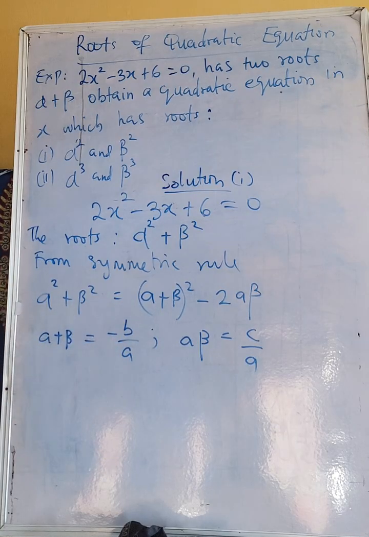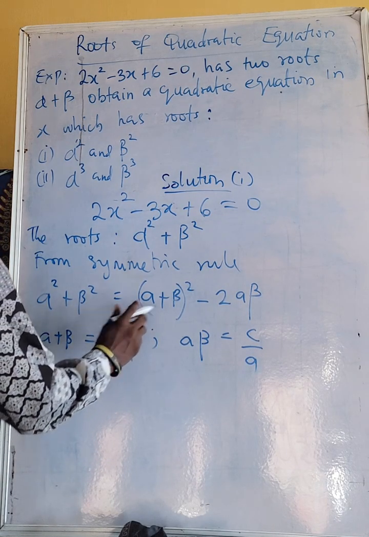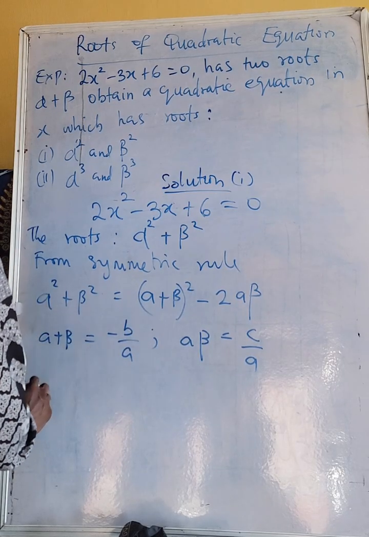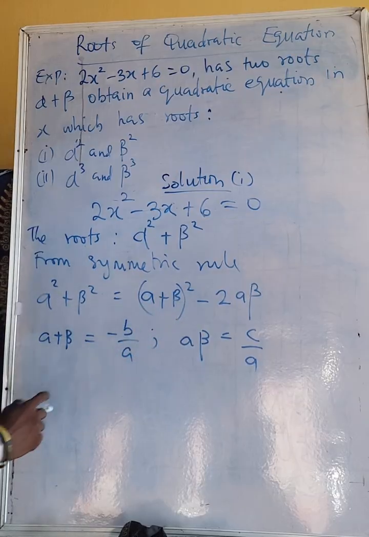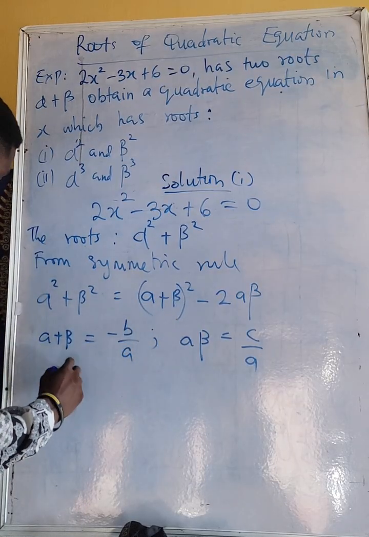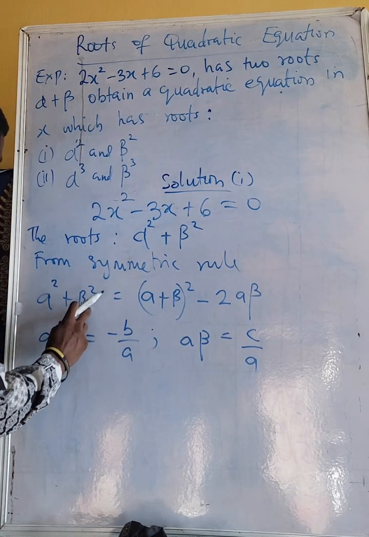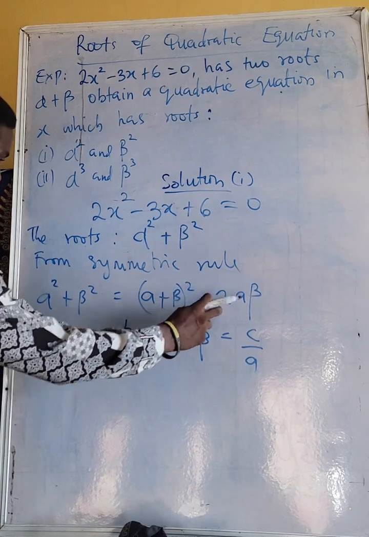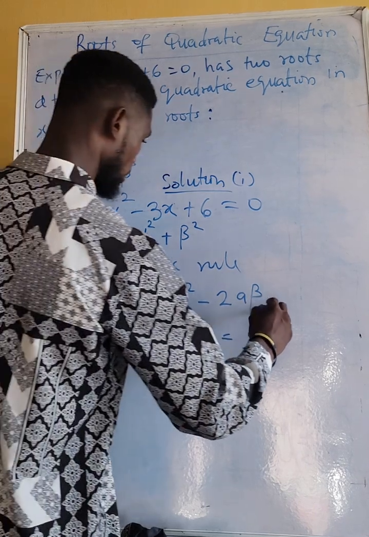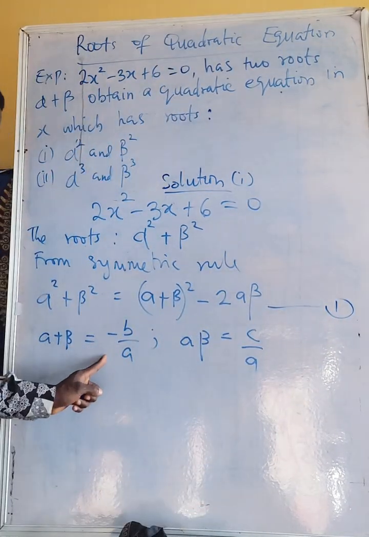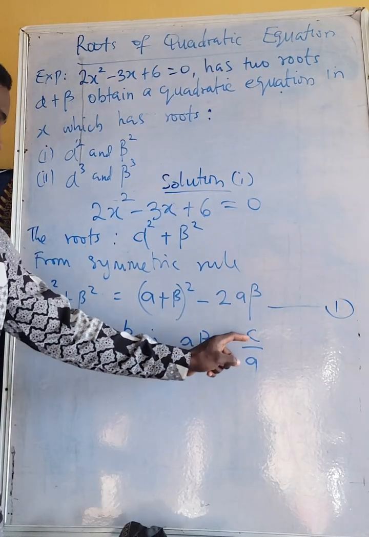So we're going to work on that. If you have alpha square plus beta square, that's alpha plus beta square minus 2 alpha beta. That's the equation, so we call it equation 1. Alpha plus beta is minus b over a, while alpha beta is c over a.